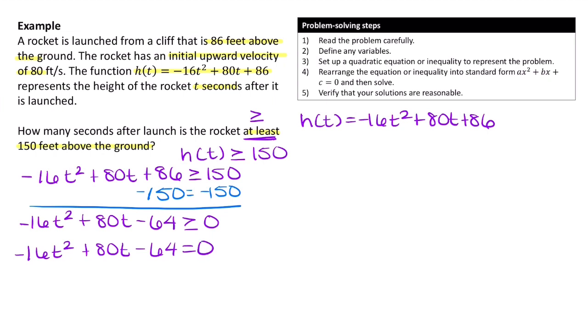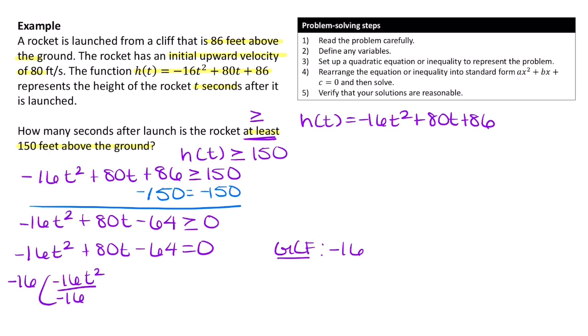So I notice that all of these terms in this quadratic equation have a GCF. They all have a GCF of 16, and I'm going to go ahead and just factor out that negative 16 along with it. So I have negative 16, and I'm going to divide every single term in this equation by negative 16.